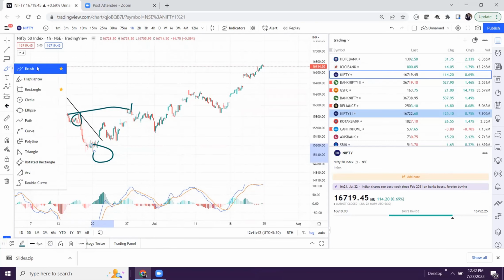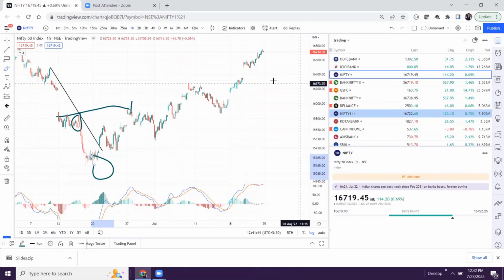It's clear. So suppose now you are expecting the market has to come down. On an hourly scale, this is one wave, this is another wave. It means as soon as something like this happens and this last wave goes, the sellers have stepped in, right?